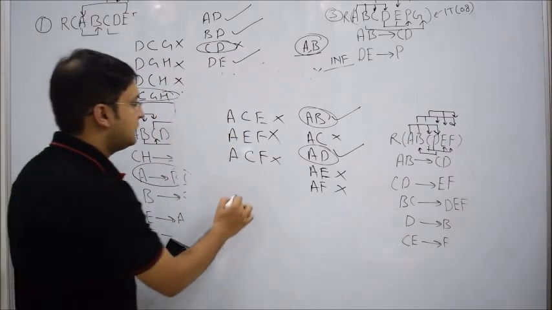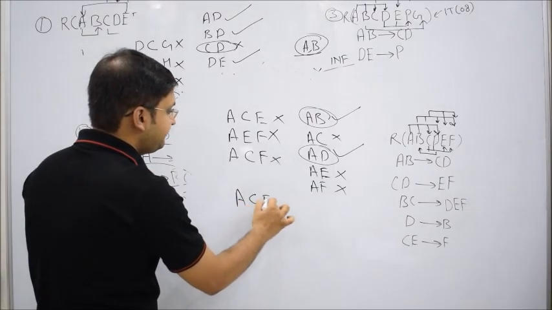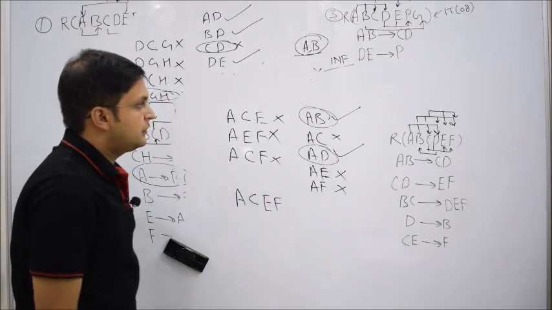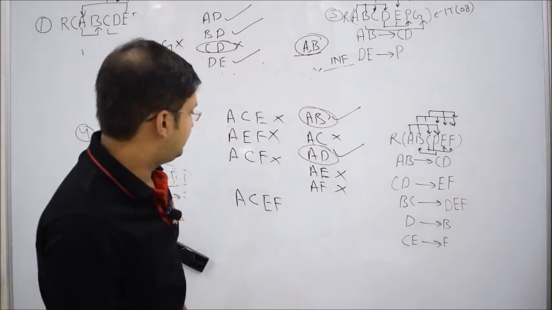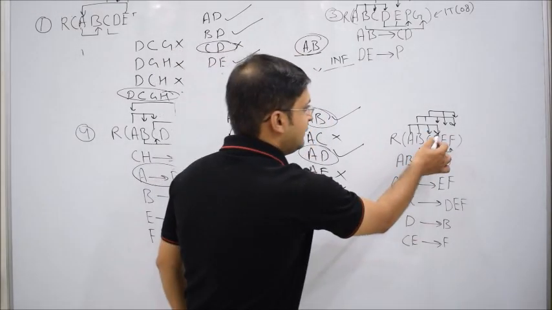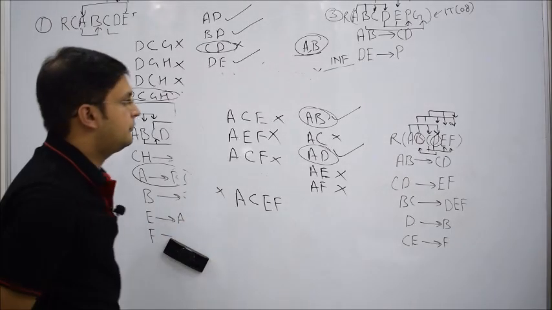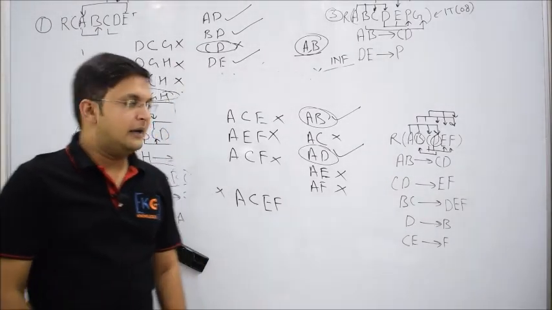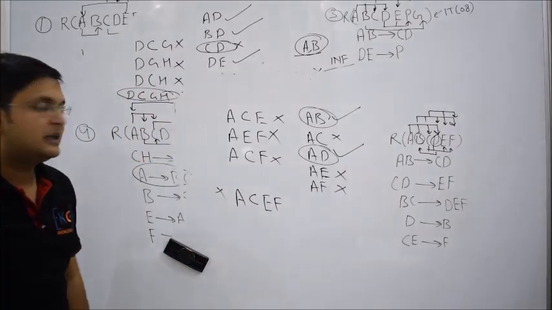Now the last attempt, let me combine all possible failures: C, E and F. From C and E you can find F, but there are still 2 problems: A and D and BC, you cannot find them. So for final there exist only 2 candidate keys, one is AB and the other is AD.